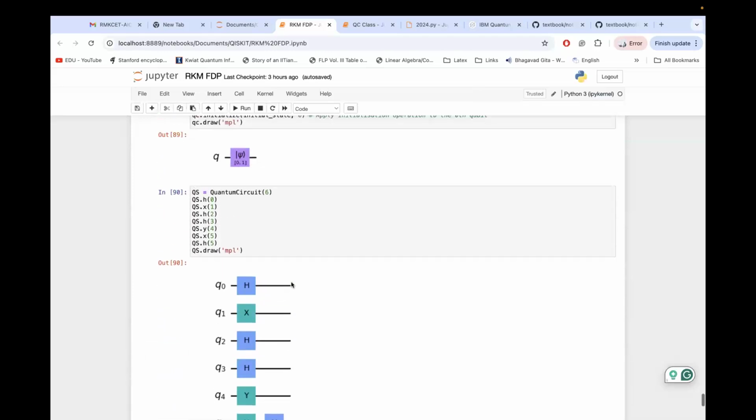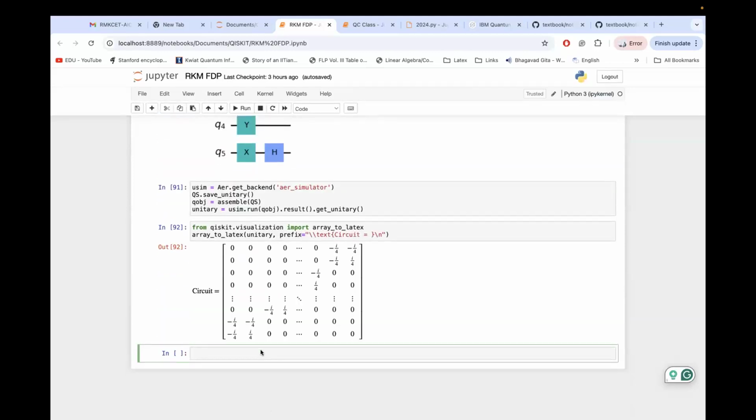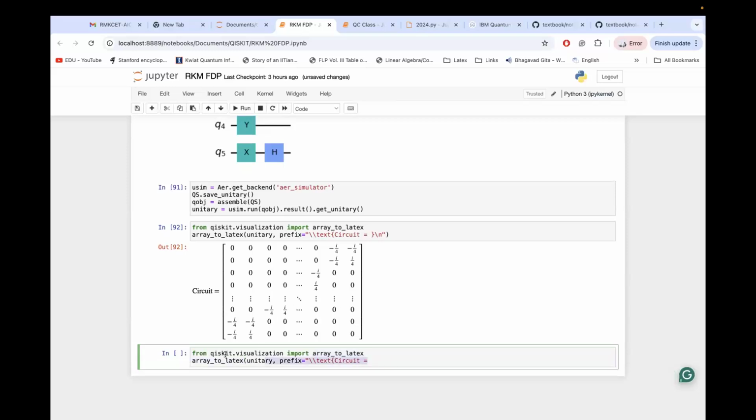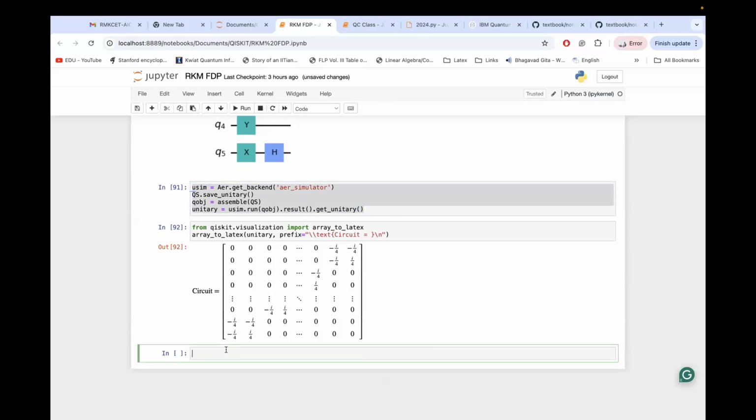Okay, and for example, we have already witnessed what is happening to the Bell state. For the Bell state also, we can construct the unitary operator. Earlier we worked on the Bell state.